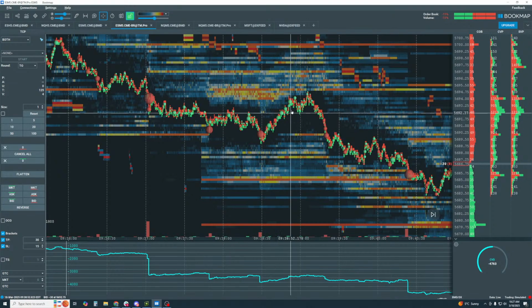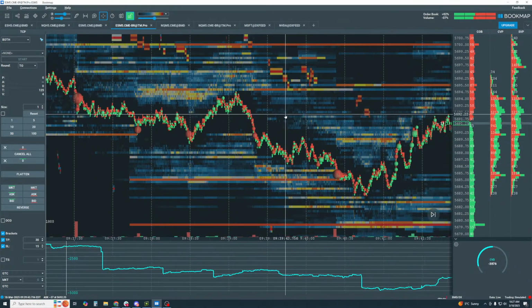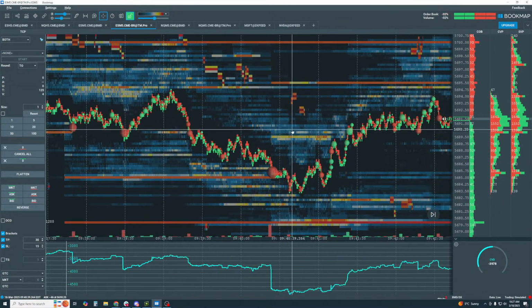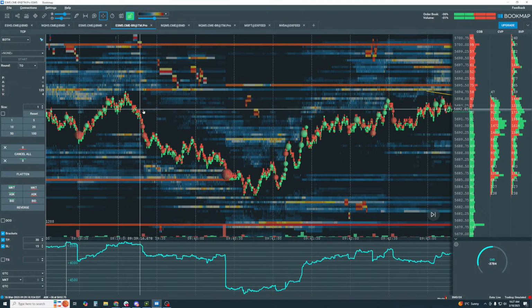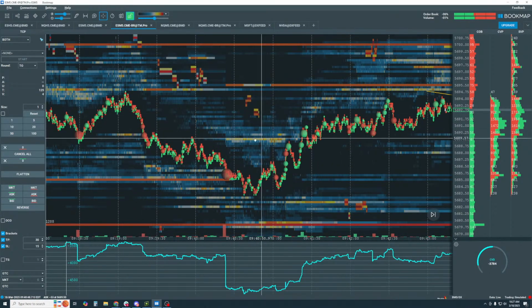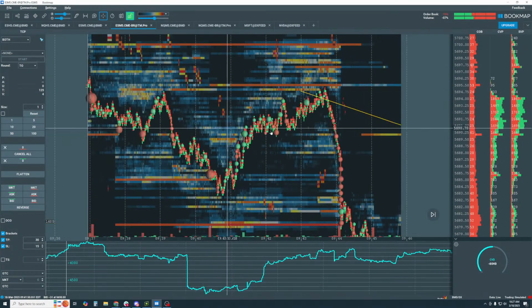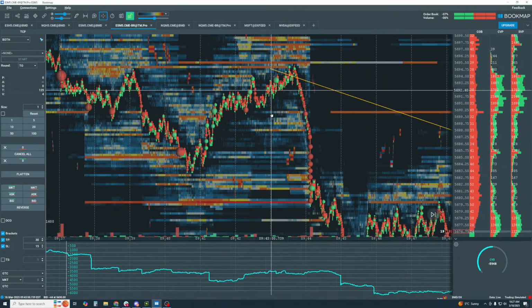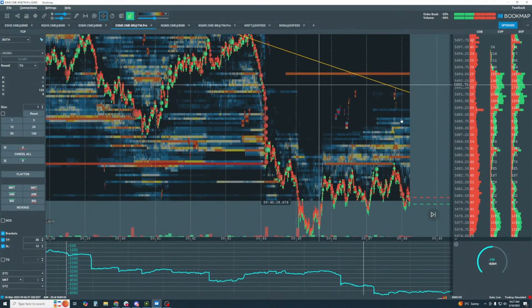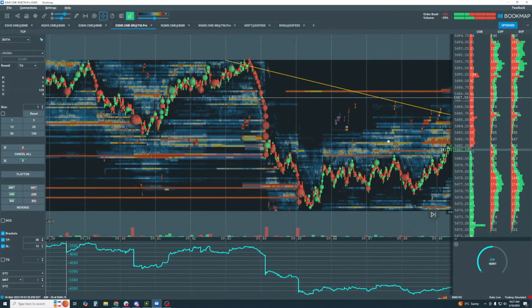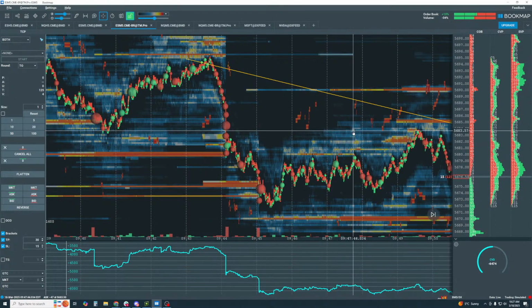Then you start to get a feel for things as you go forward. That will also set you up nicely: now I've done my homework, at least for the day. I have a feel for things, and I'm looking for maybe a specific setup that you trade to work out.